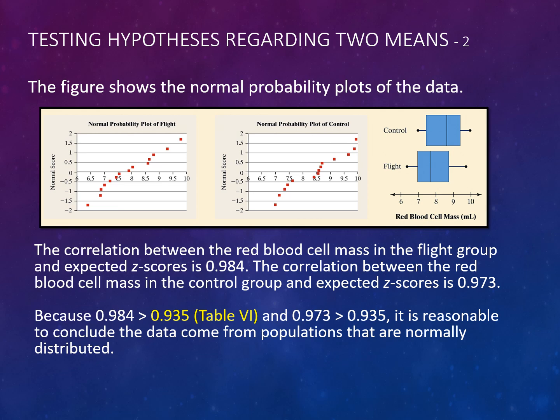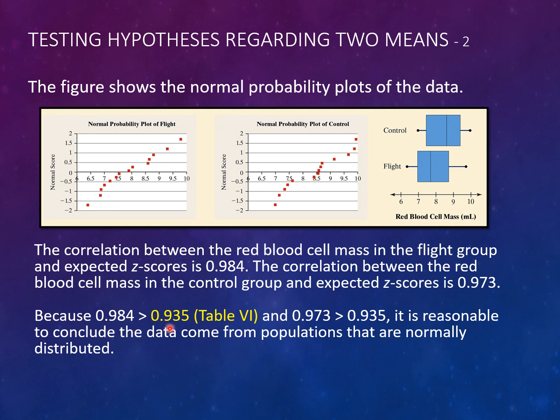This figure shows the normal probability plots of the data. We have the box plots here of the control and flight, and then here we have the normal probability plot of the flight rats and then the control rats. The correlation, which we talked about before in 11.2, between the red blood cell mass in the flight group and the expected z-scores is 0.984. The correlation in the control group and expected z-scores is 0.973.